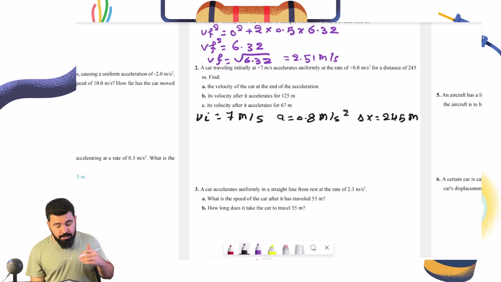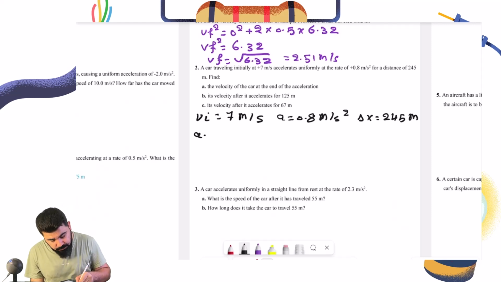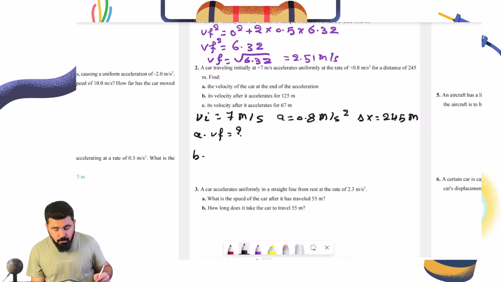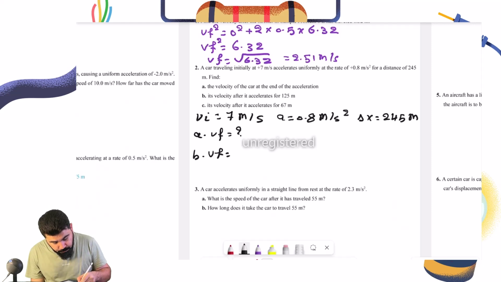The velocity, okay, it says find A, the velocity of the car at the end of the acceleration. So V final is equal to what? B, it says the velocity after it accelerates for 125. So V final is equal to what?